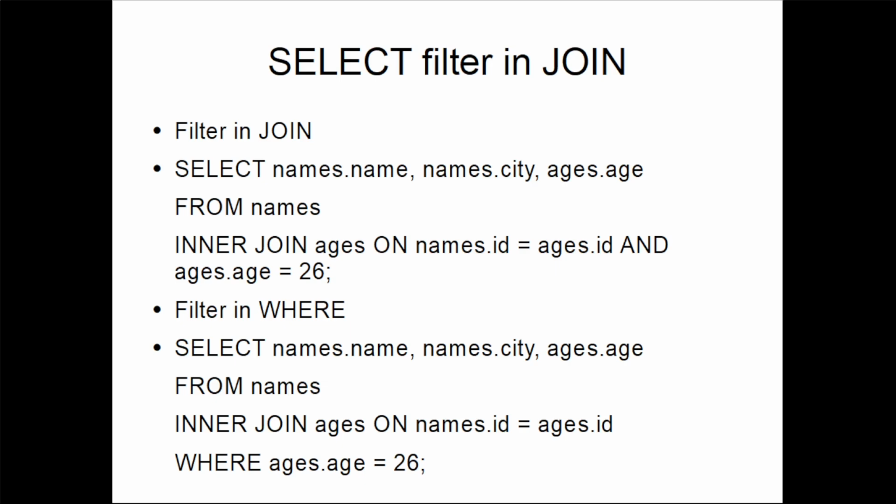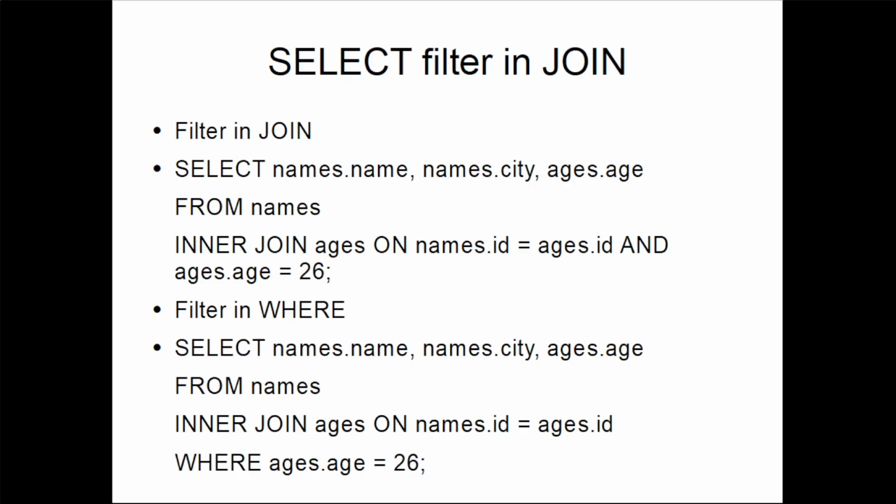Why does this matter? For inner joins, filtering in ON versus WHERE often produces the same result, but the performance and intention differ significantly. Filtering in the join, ON: the database filters rows before completing the join, reducing the number of rows early. This is faster with large tables, as fewer rows are processed.